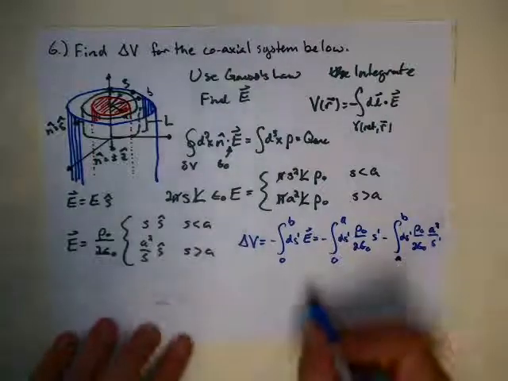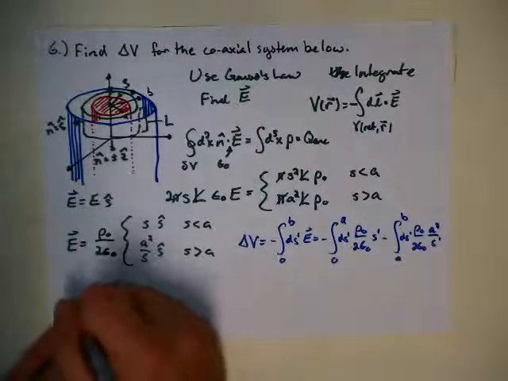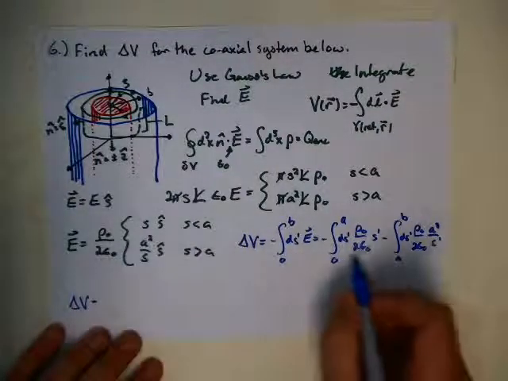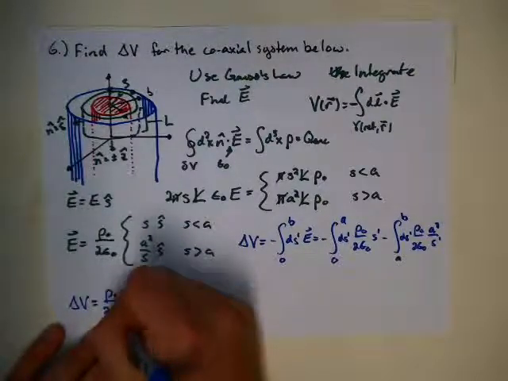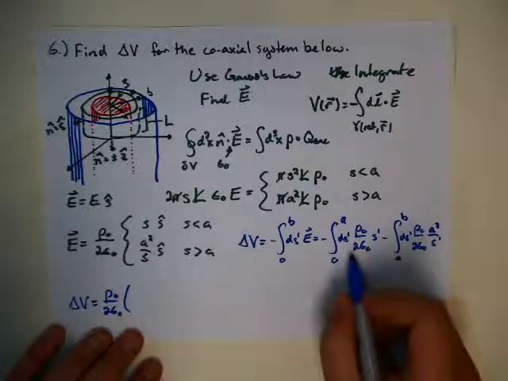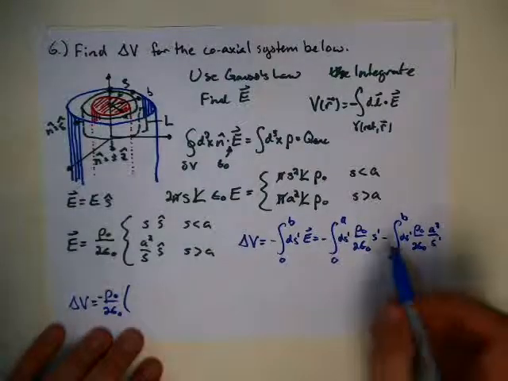These are two fairly quick evaluations. Delta V is going to give, let's pull the minus rho naught over 2 epsilon naught out front.